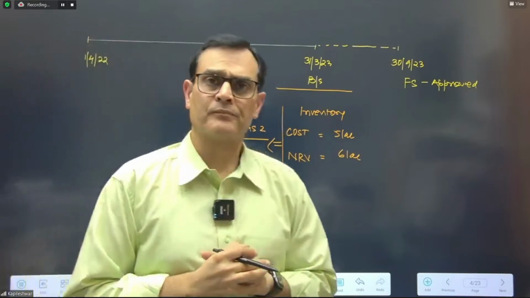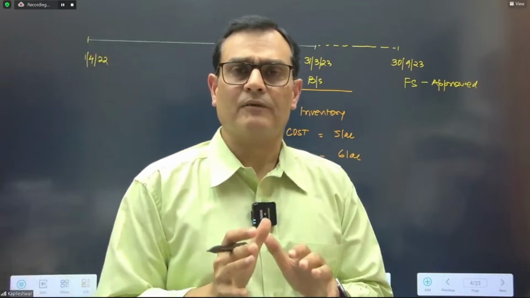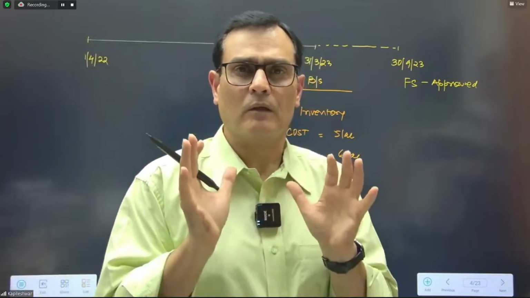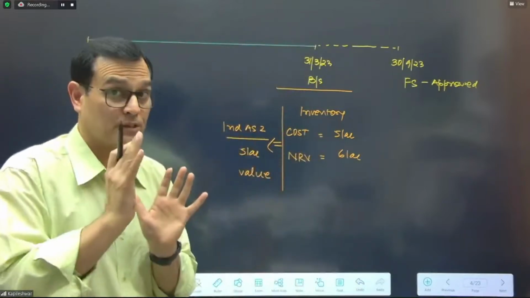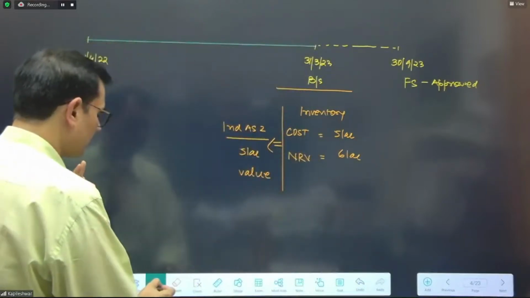Simple and straight. So the company applied the valuation of inventory principle on the balance sheet date, and they said cost or NRV, whichever is less. Please hear this carefully.